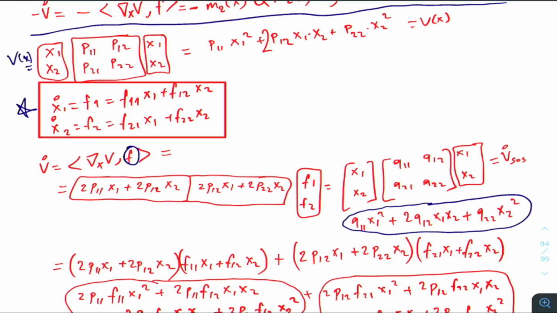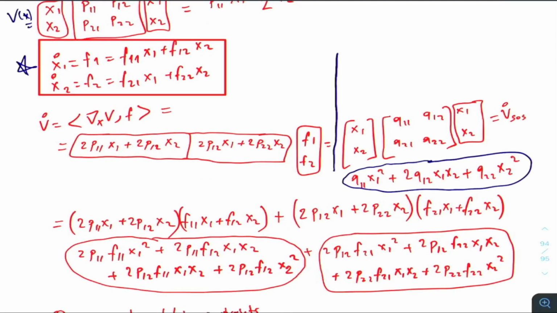write down our f terms here, right? f1, f2. I have just written f1, f2 explicitly. And at this second, let's just stop and really compute the v dot term in terms of p terms. We are just going to multiply this term with this term.